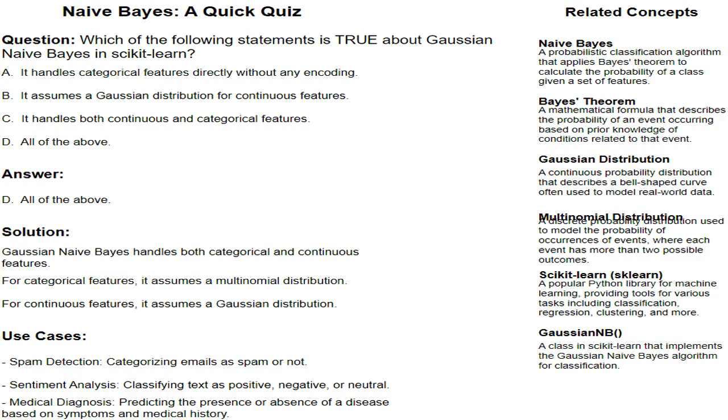Multinomial distribution: a discrete probability distribution used to model the probability of occurrences of events, where each event has more than two possible outcomes.